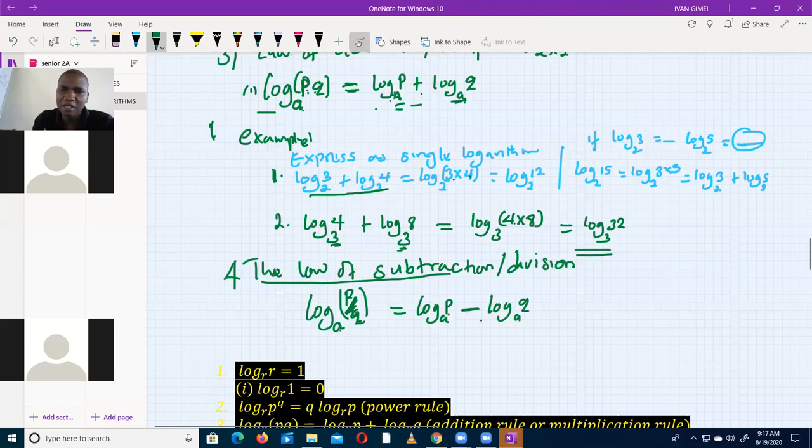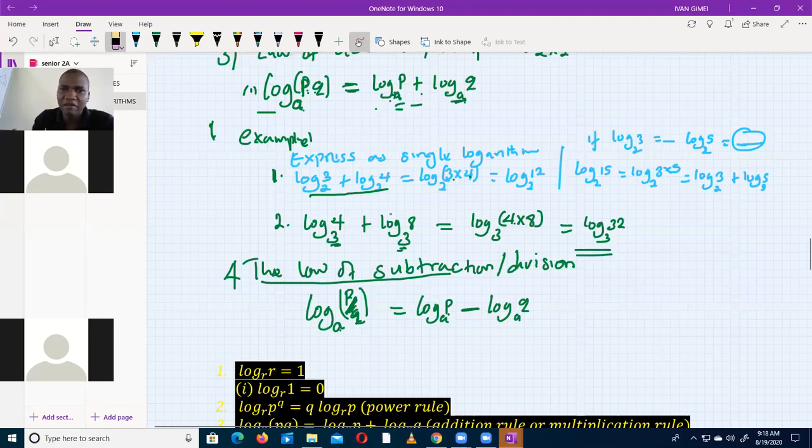So they can also give you something and say express as a single logarithm. Let's say when you have log of 100 base 10. Of course, this one is very obvious. Let me get something that is not very obvious. That one, somebody will just say the answer is 2.